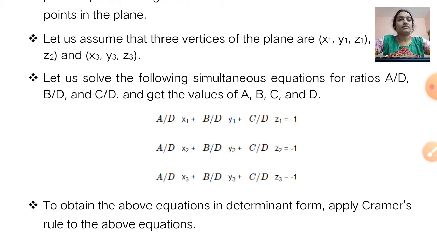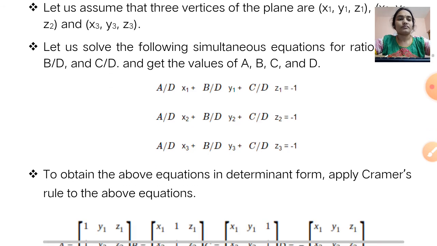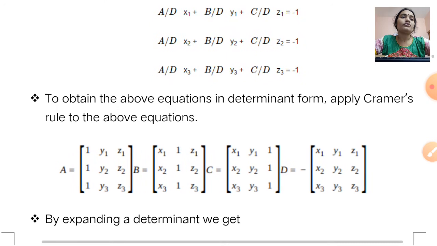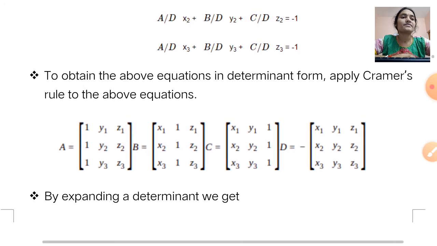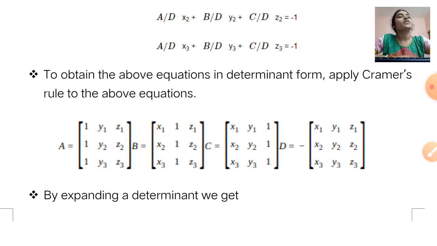To obtain the above equations in determinant form, we apply Cramer's rule. All of you remember Cramer's rule from your mathematics, so let us skip it and only apply it to the above equations. After applying this, we get the A, B, C, D values in matrix form.